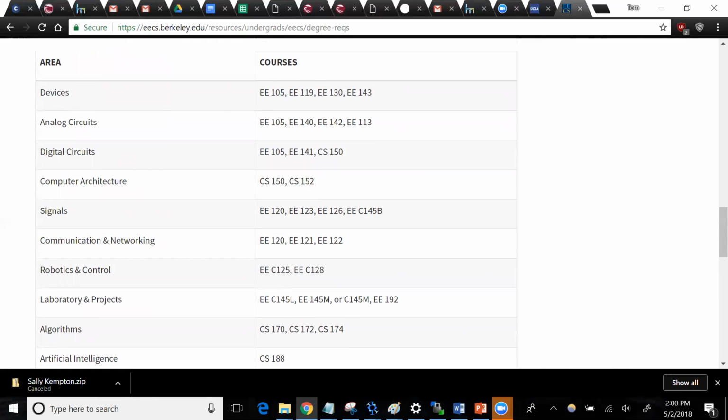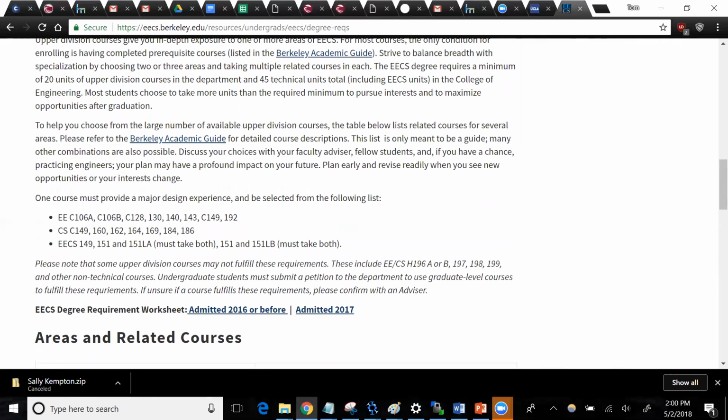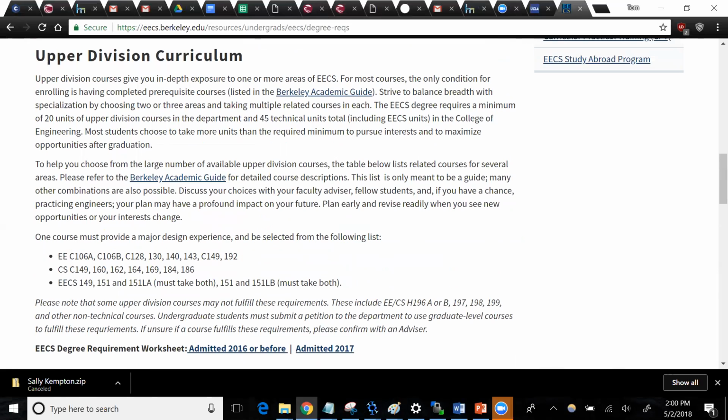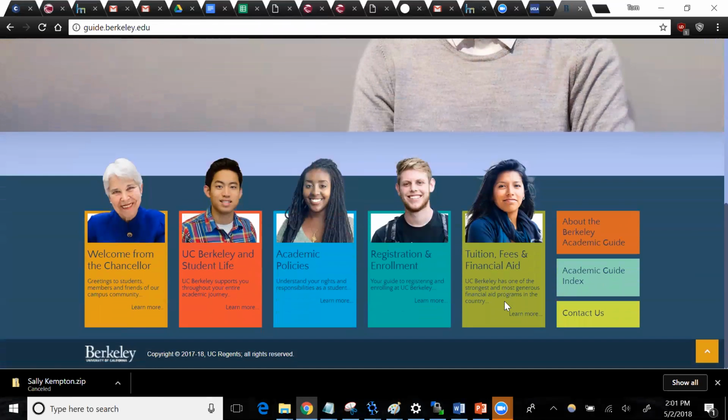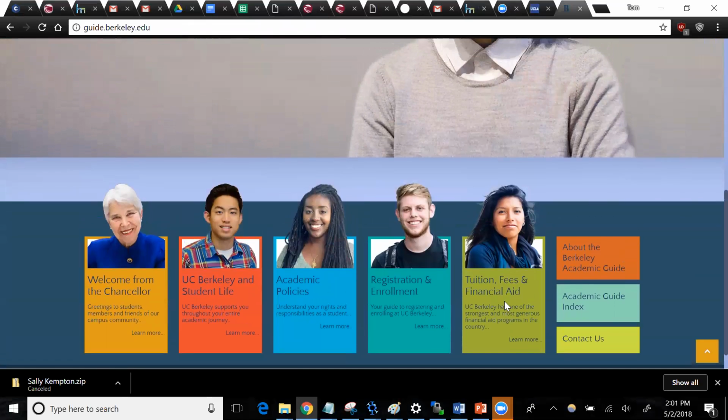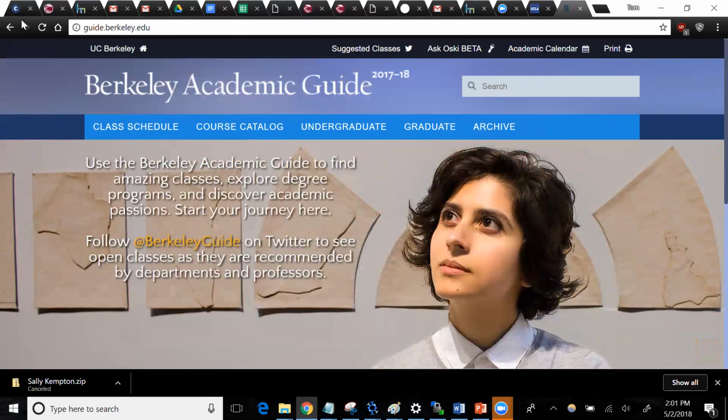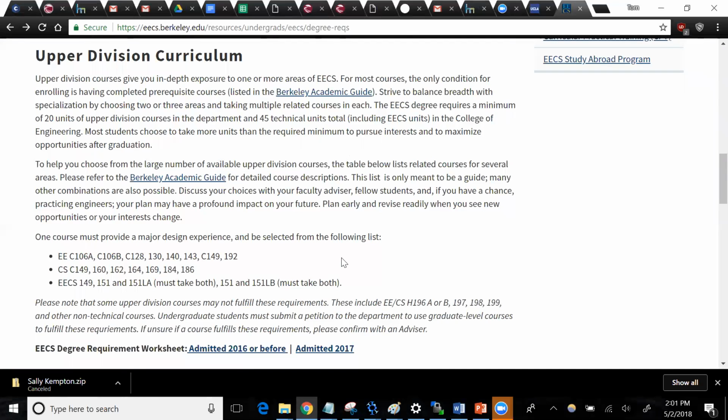It's a little hard to figure out how this turns into an actual plan, but maybe it's a little broader than the UCLA one. But we didn't look at the electives there either. If you scope around the Berkeley catalog, you could probably piece together what your choices really are.